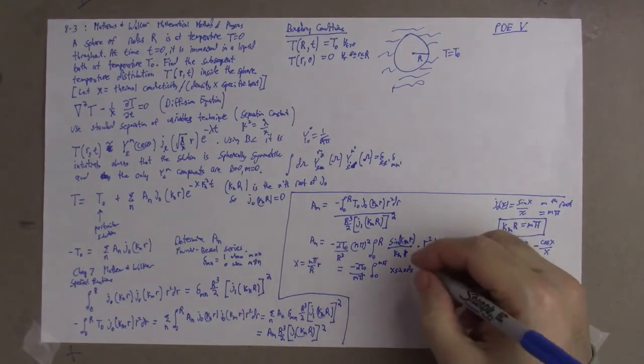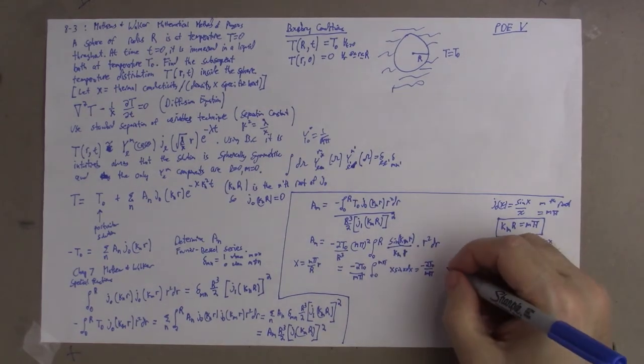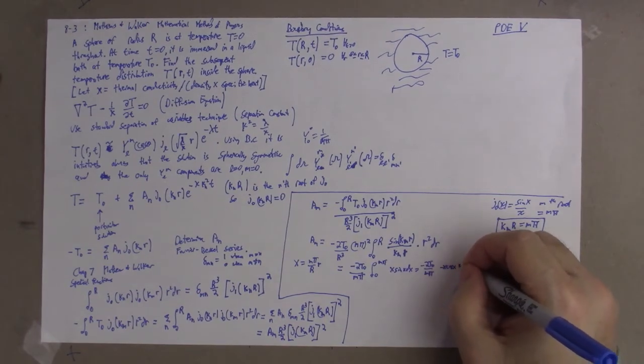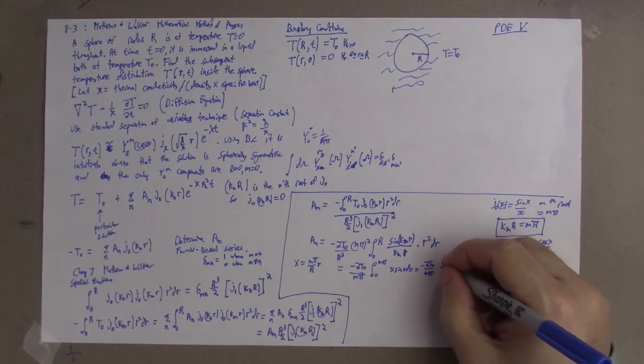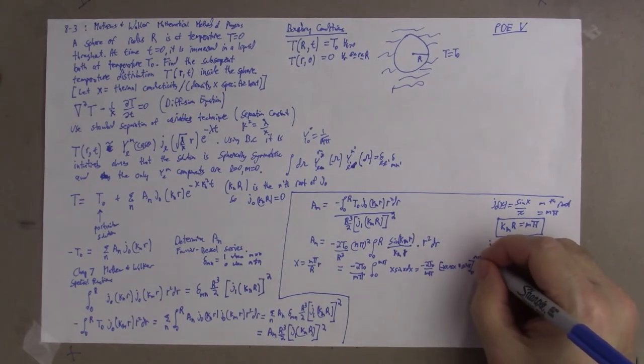This is just equal to minus 2t0 over m pi times minus x cosine x plus sine x, evaluated at 0 and m pi.